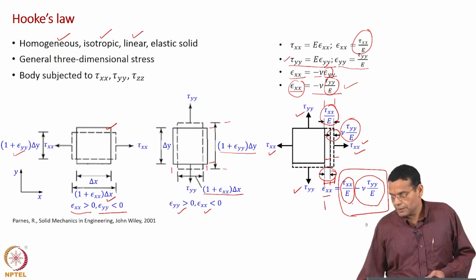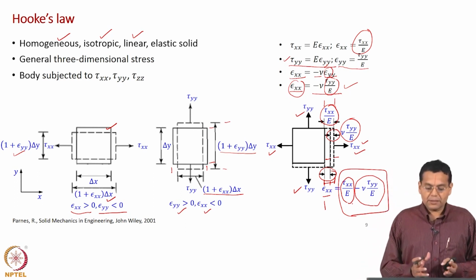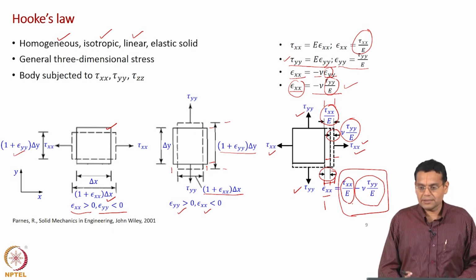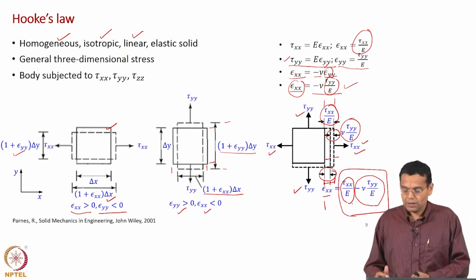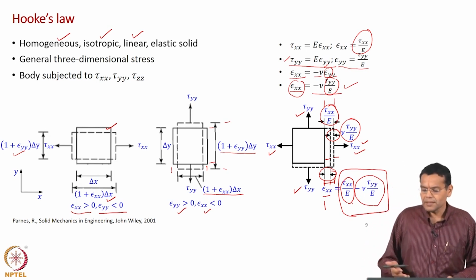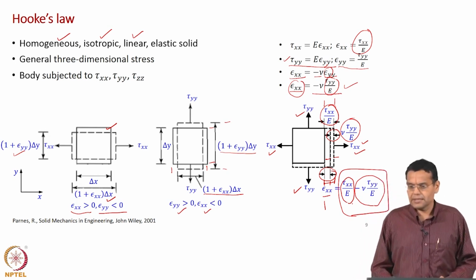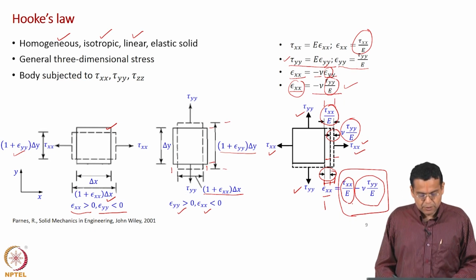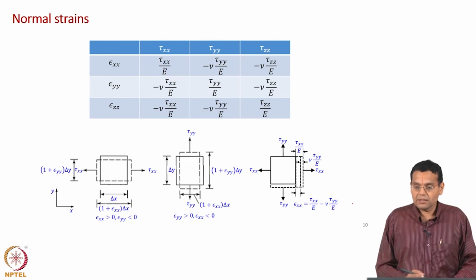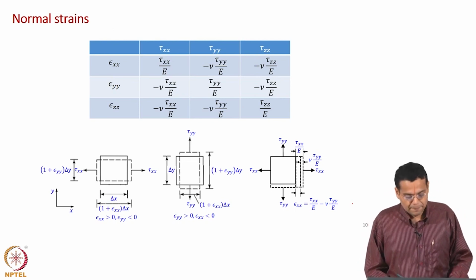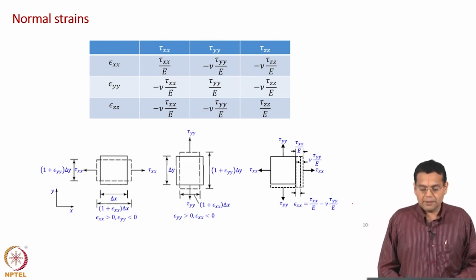Okay. So, what is it that we have done? We have considered a body subjected to all the three normal stresses. For the present case, we have considered only a two dimensional case subjected to only tau xx and tau yy, and seen what is the normal strain along x direction. Okay. Now, based on this let us discuss this table.